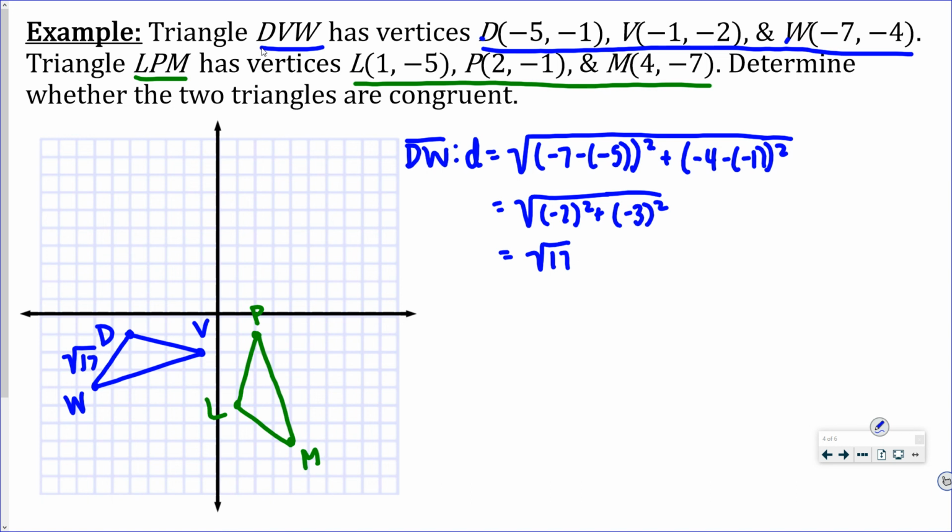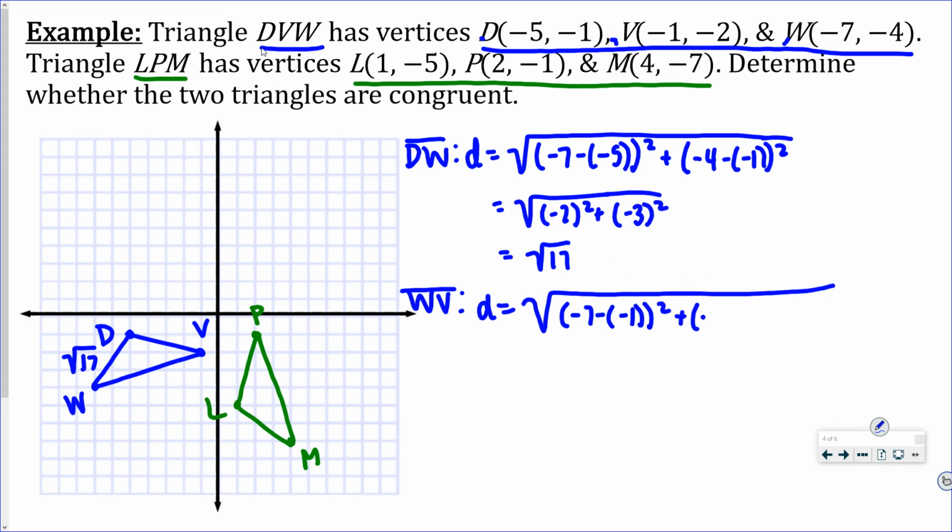All right, I'm going to do WV next. So -7 minus -1 squared plus -4 minus -2 squared. I don't mean to rush through this because it's not important. We've just done this a bunch of times, but it's a good refresher.